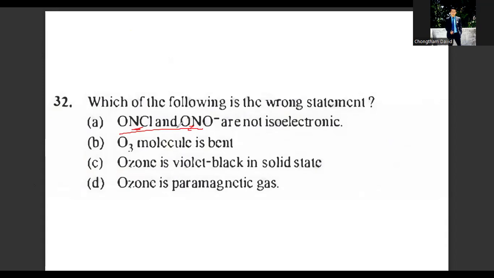What about the shape? This central atom is sp2 hybridized with one lone pair, and it is a pale blue gas. At 249 degrees Celsius, it will form violet black crystals, and it is diamagnetic. So D.